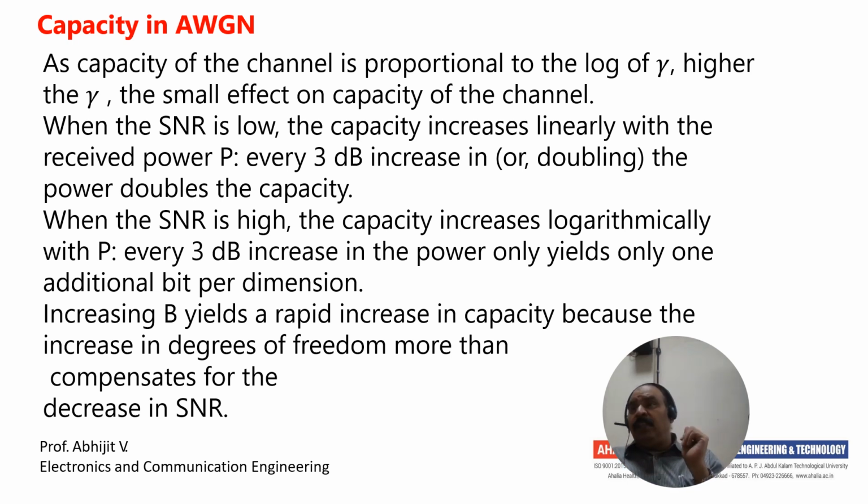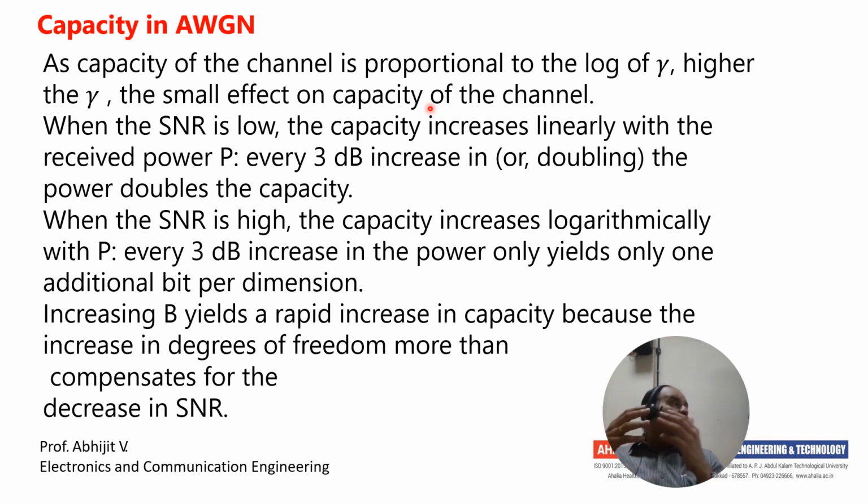So as we have seen in Shannon's formula, the capacity of the channel is proportional to the log of SNR, log of gamma. What it means? Higher the gamma, smaller effect of signal to noise ratio in the capacity. This is not directly proportional, it is proportional to the log of gamma.